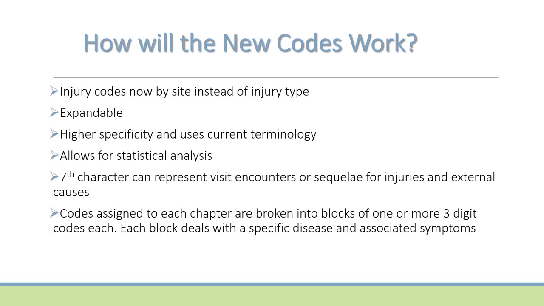Codes assigned to each chapter are broken into blocks of one or more 3-digit codes each. Each block deals with specific diseases and associated symptoms. So that's the reason you can't just find a code, plug in an ICD-9, and then go over and settle for the first ICD-10 code. That just gets you started on that chapter, and then you've got to delve in.